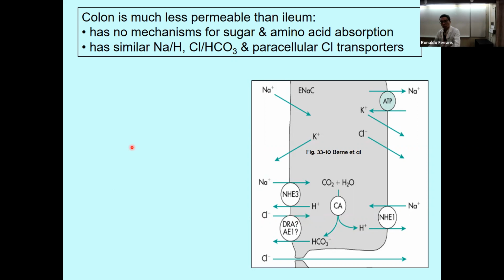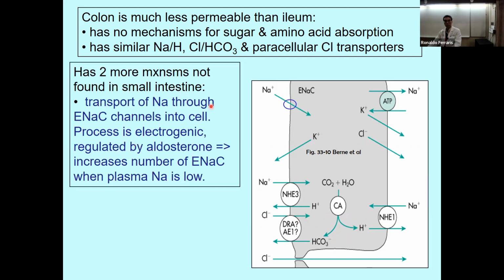They also have two extra transport systems, mechanisms not found in the small intestine. One, they are able to absorb sodium through ENaC channels into the cell. And so these channels are actually very important, and I believe Dr. Rojax next Monday will be discussing this. But he will discuss it in the kidney.